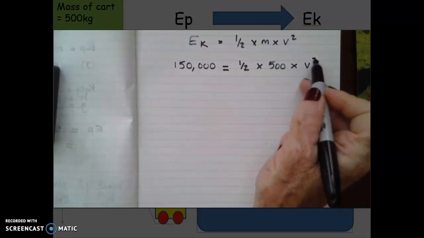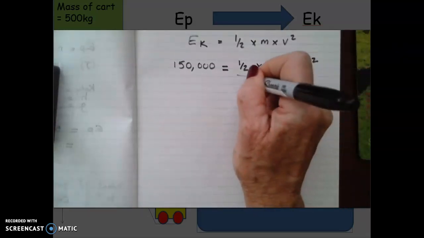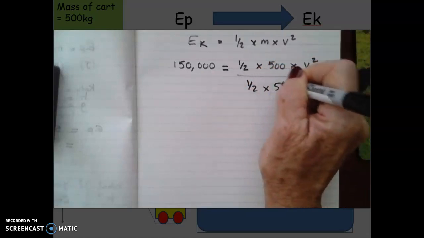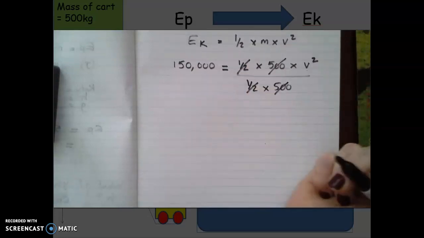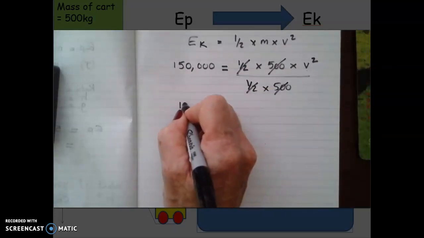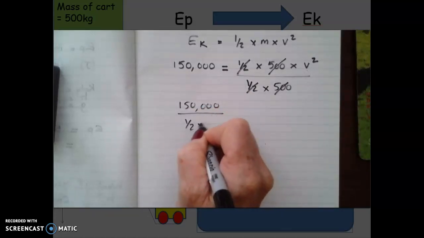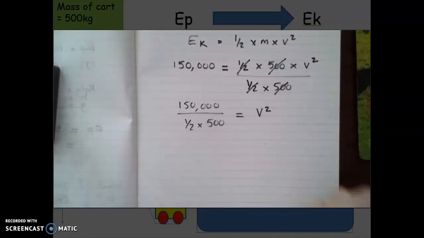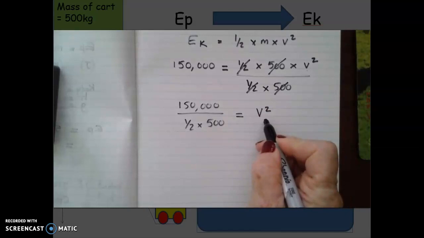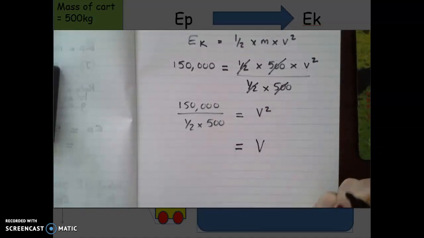So how would I isolate v squared first of all in this equation? Well, I would divide by a half times 500, so I can get rid of those two. I've got to do the same to the other side of the equation. Now I've got v squared. So how do I get v on its own? I square root the other side of the equation.